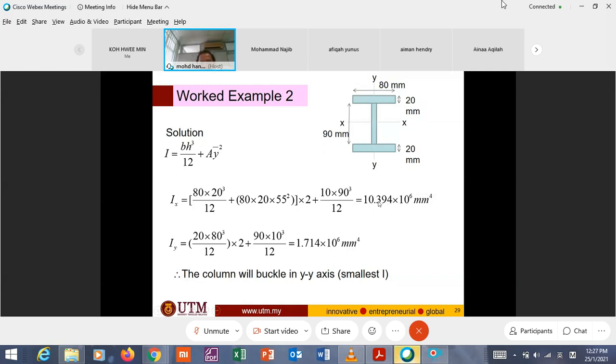Here, Ix is the major axis and Iy is the minor axis. As we have done in example 1, we know that the buckling will of course occur about the smallest I, or the YY axis.